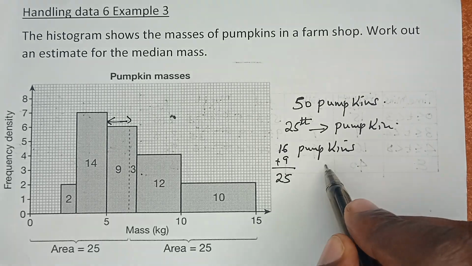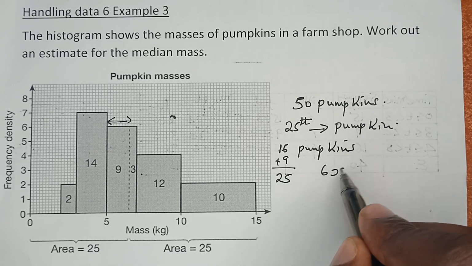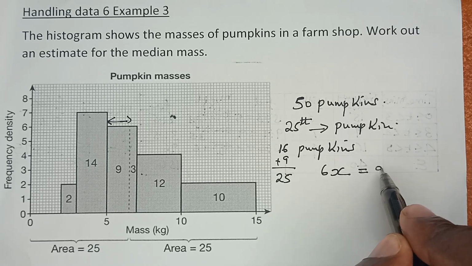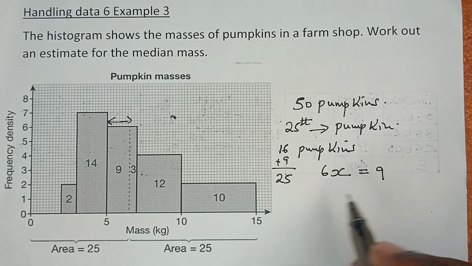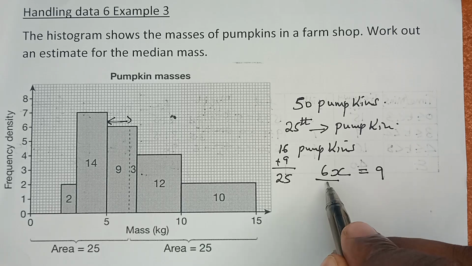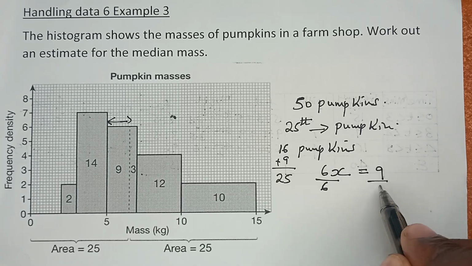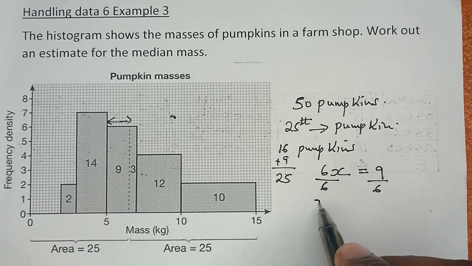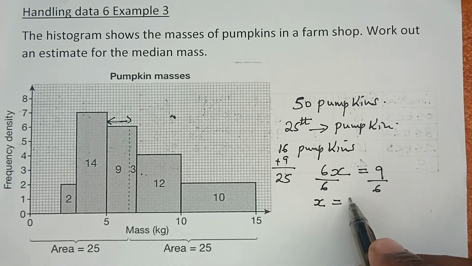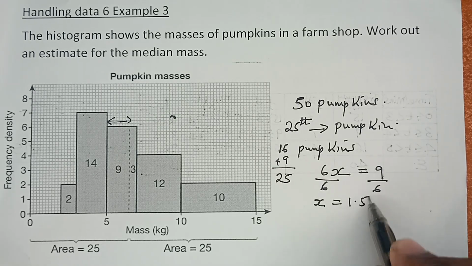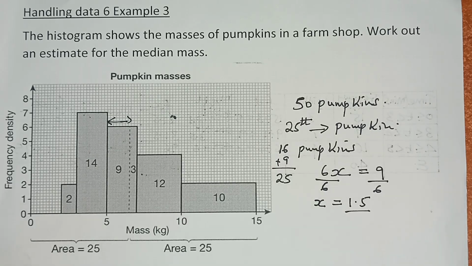That means 6 times x will give us 9. So divide both sides by 6, and we find that x is equal to 1.5. That is the value of x.